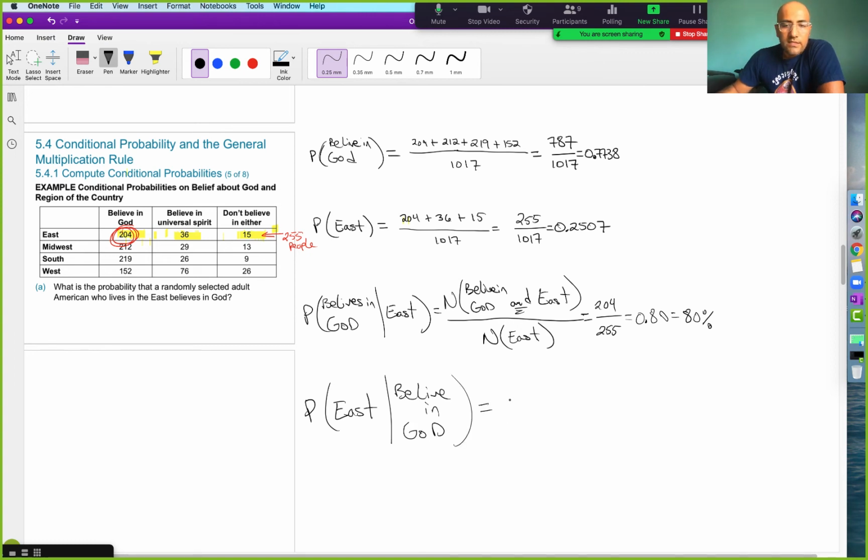So that's the number of ways in which they can both live in the East and believe in God, divided by the number of ways in which our outcome is someone that believes in God.